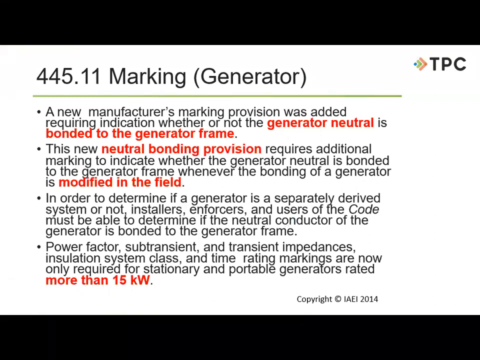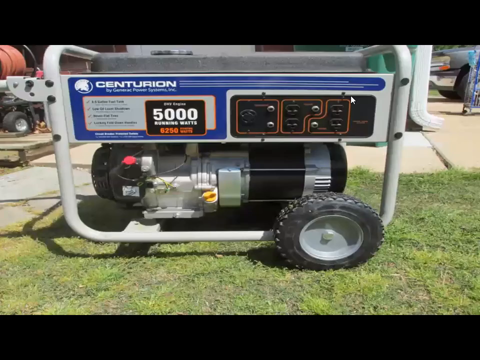Back into the National Electrical Code, we do see in dot 11 that there was a change in 2014, and that change is going to require the manufacturer to let us know if that neutral is bonded to the generator frame, because that's going to give us a little bit of an idea on grounding and bonding, if we have a separately derived system or not. So relatively new requirement in the last 7 years for generators.